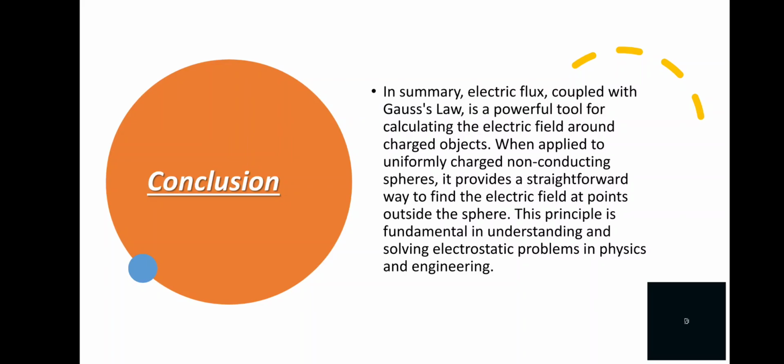When applied to uniformly charged non-conducting spheres, it provides a straightforward way to find the electric field at points outside the sphere. This principle is fundamental in understanding and solving electrostatics problems in physics and engineering.